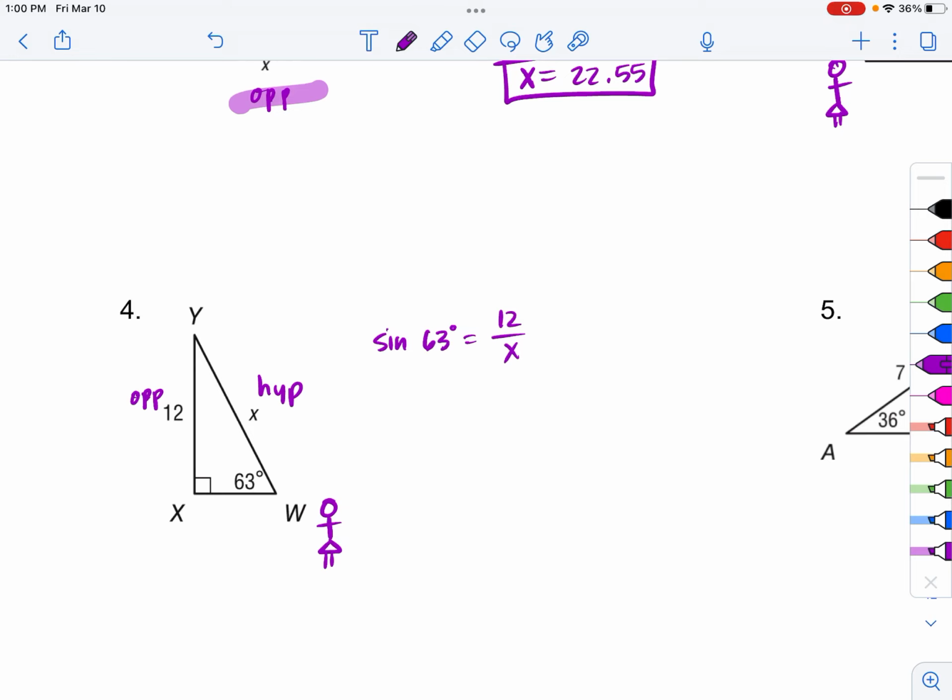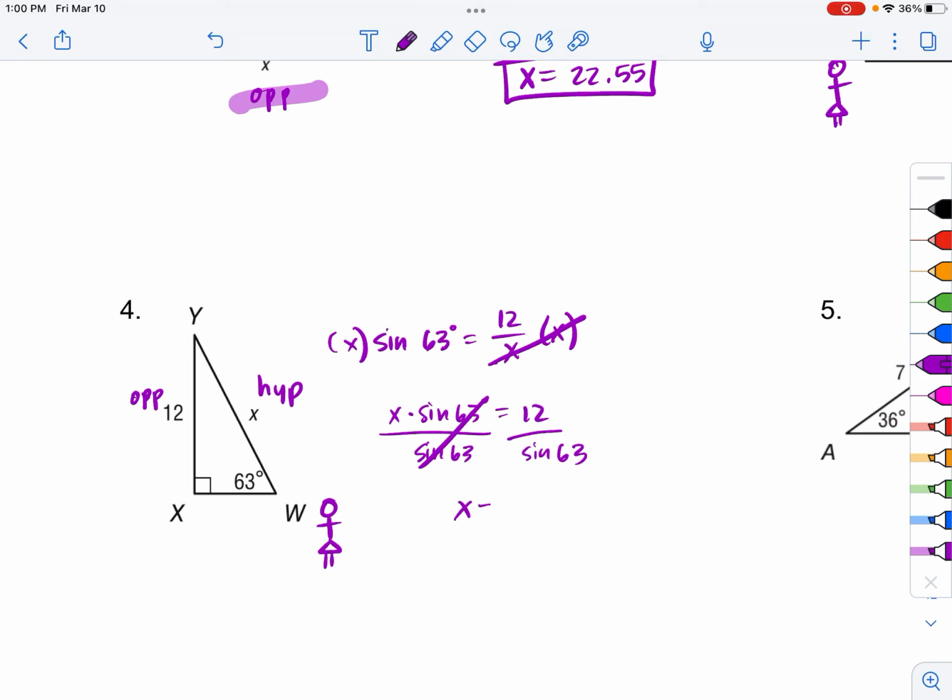Then, to solve for x, since x is in the denominator, we need to multiply both sides by x first. The x on the right will cancel, and we get a new line. x times sine of 63 degrees is equal to 12. Then, to get the x by itself, we should divide both sides by sine 63.